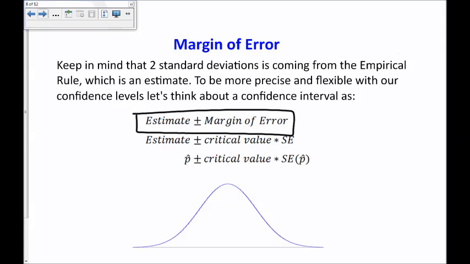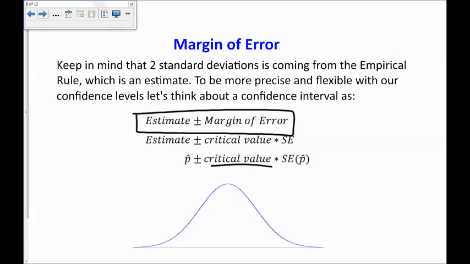The margin of error comes from some critical value that tells us how big or small it should be, times the standard error. Right now I want to explain how to find this critical value. We've been using 2 to get a 95% confidence interval, but it really can be more than just that.